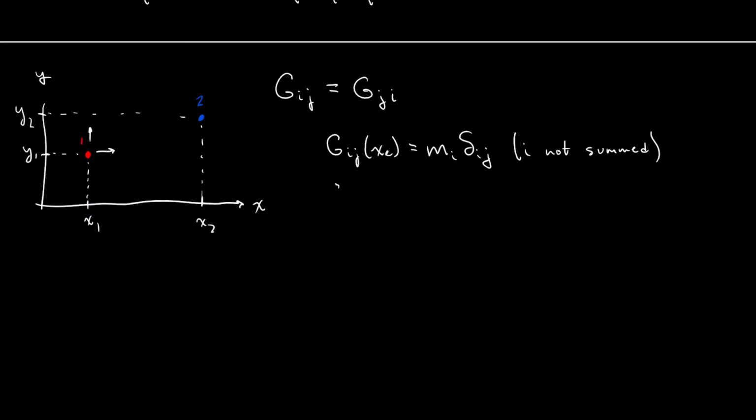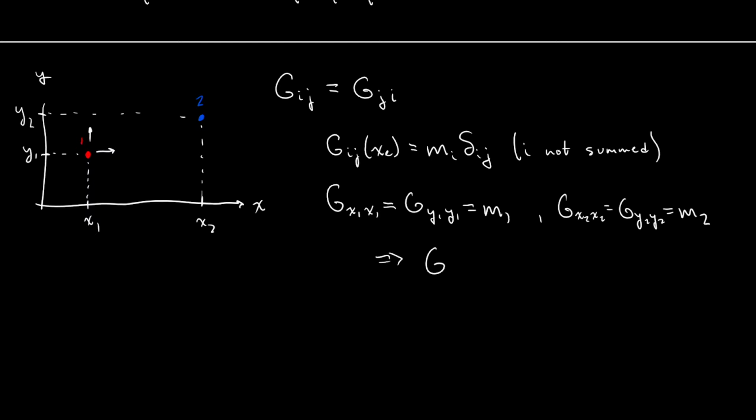So in particular, g_x1x1 is going to be equal to g_y1y1, and that's just m1. And then g_x2x2 is equal to g_y2y2, which is m2, which I'll just write as g_xixi is equal to m_i.